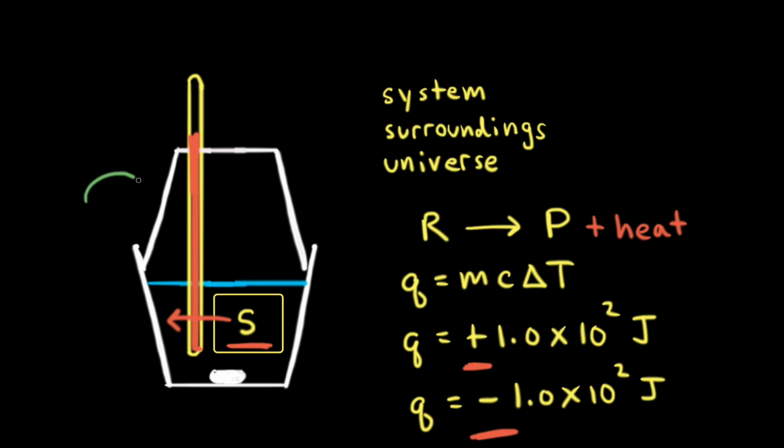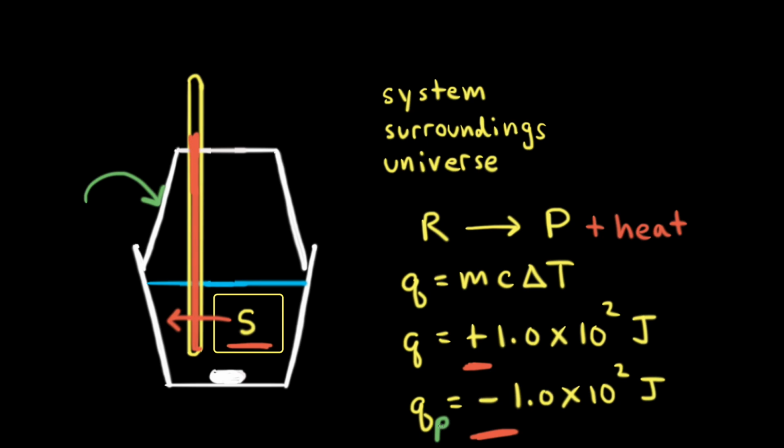Next, remember that our lid over here is loose fitting, which makes this constant pressure calorimetry. And therefore, this heat that was transferred is the heat that's transferred at constant pressure. So we can write a subscript P in here, so Q_P.